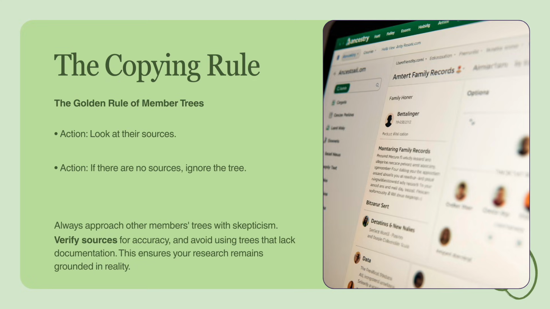Did they attach birth certificates, wills, census records, or is it just a list of names and dates with no verifiable proof? If they have a source you don't have, go find that specific source yourself. Verify it and add the source to your tree, not the person's tree. Be the firewall that stops bad information from spreading.